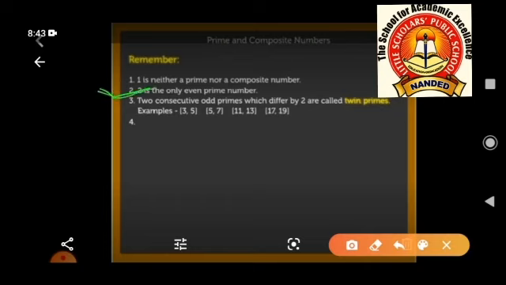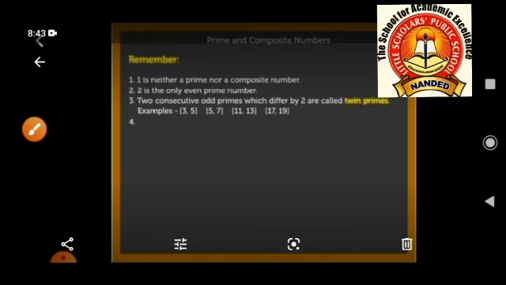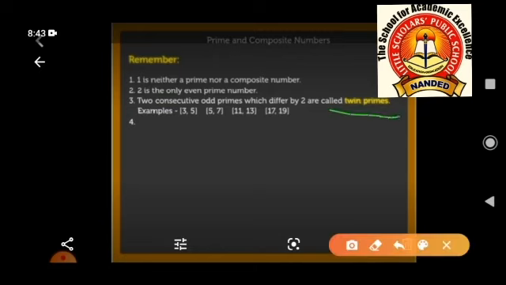Now, 2 consecutive odd primes which differ by 2 are called twin primes. Twin primes is a new definition for you. It is also important, and you should understand what happens in twin primes.